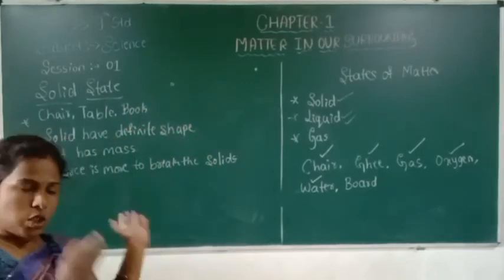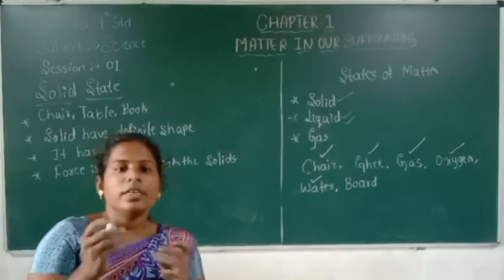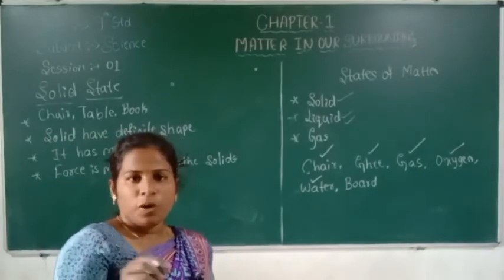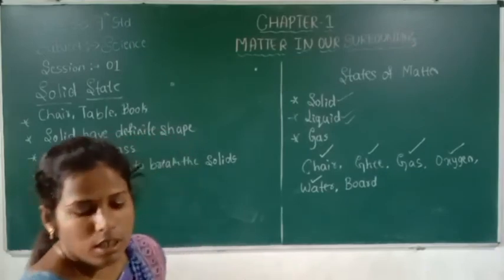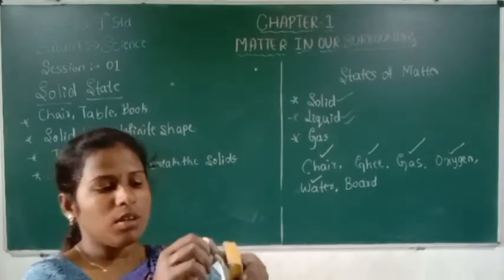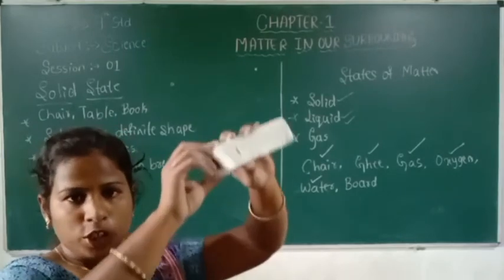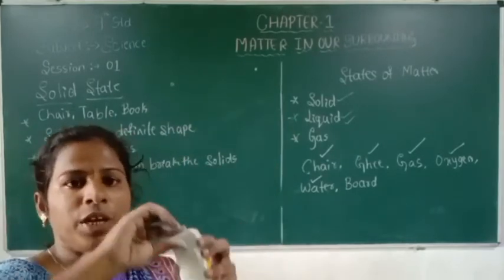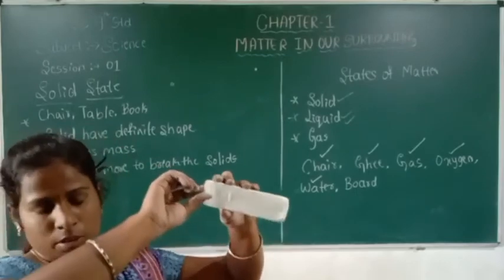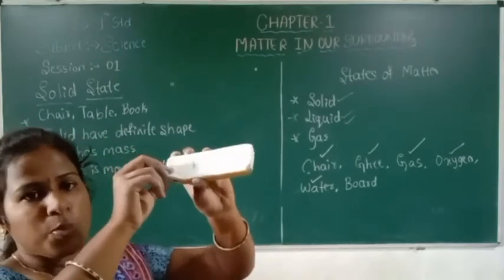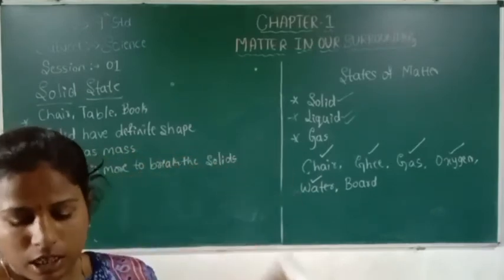It is a solid, but why is it compressed? Because in a sponge there are some holes here, so due to this air is in the sponge. When we press it, the air will come outside.